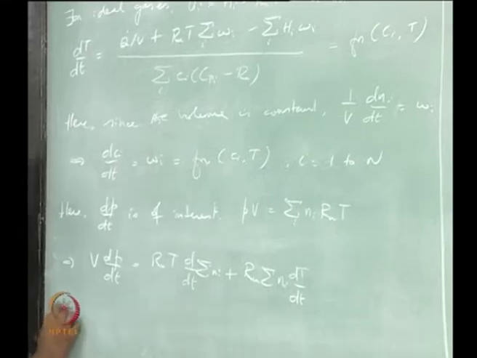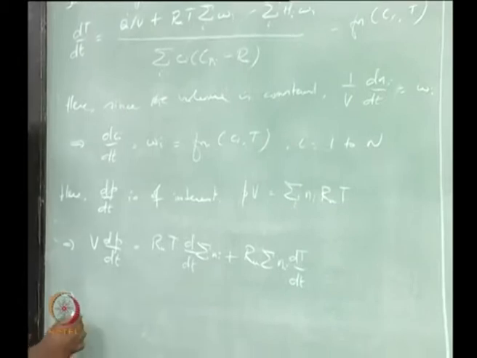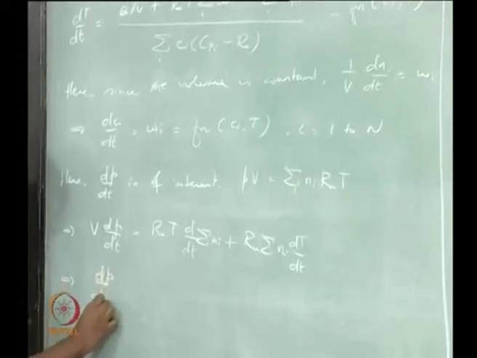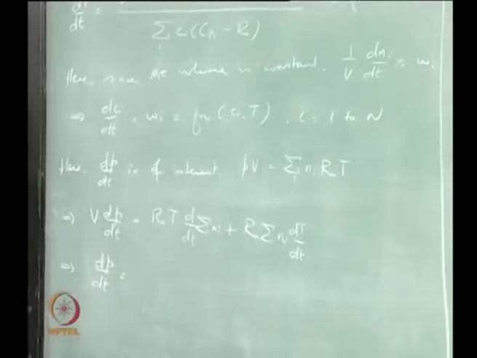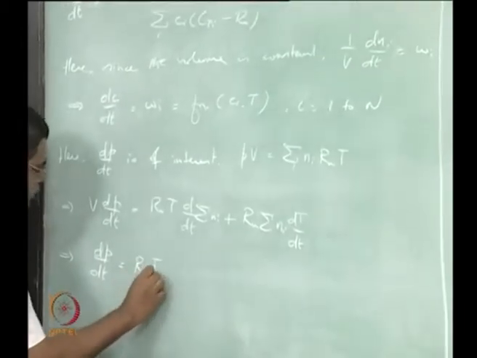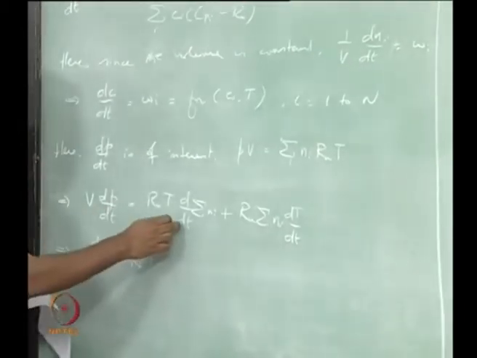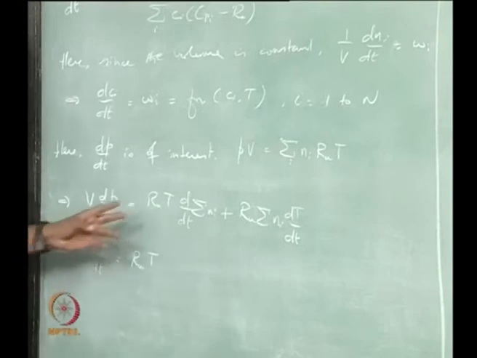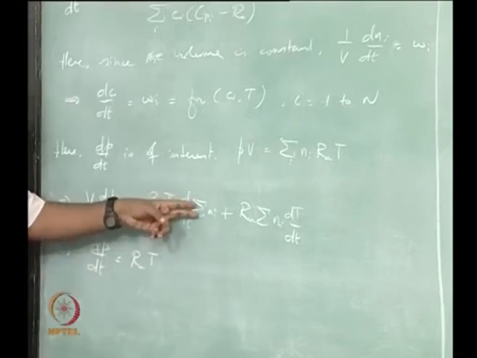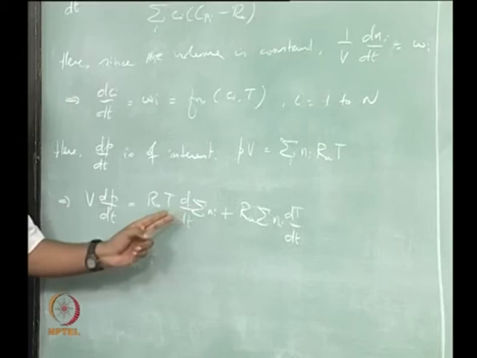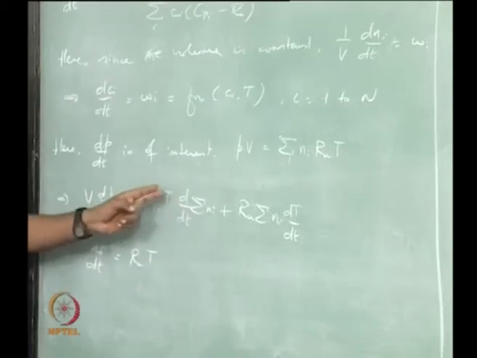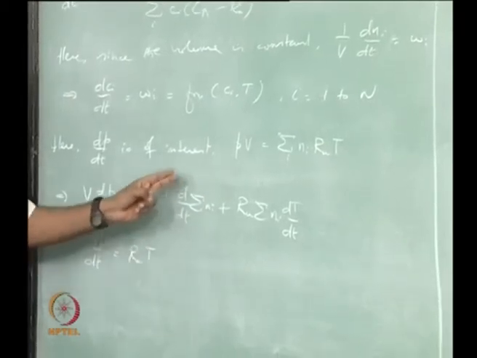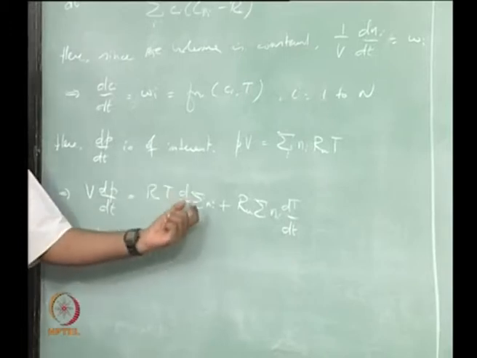So this gives you dp/dt equal to RuT. Take this V over here and get this derivative inside the summation, also the volume inside the summation. You will now have a sigma over i of 1 over V dni/dt, which is nothing but omega i.